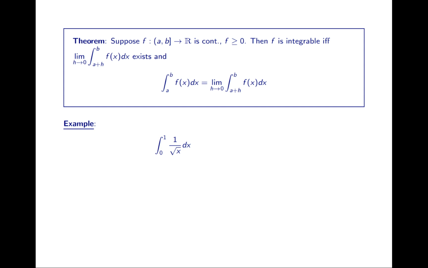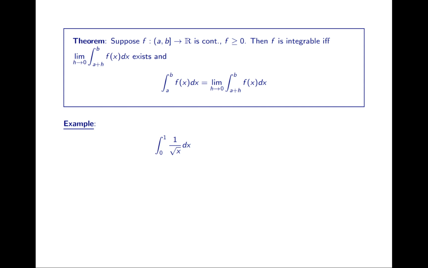Now, by the way, the integral from a plus h to b must exist because on that interval, f is continuous. So it's not a question of whether the integral exists, but rather does the limit as h goes to 0 exist? And if it exists, then we say that's the integral of f from a to b.